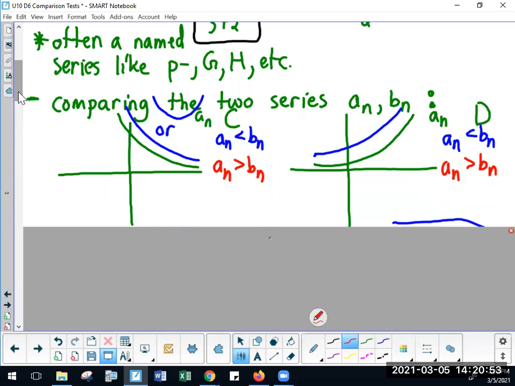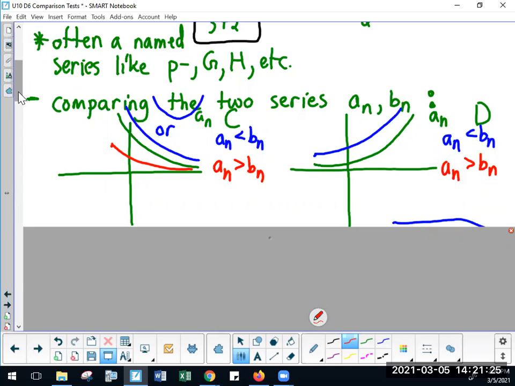A sub n is bigger than B sub n. So what does that mean? That means that if A sub n starts here, B sub n has to start somewhere less than that, right? Yes. Okay. And what has to happen? Well, if A sub n is going down, B sub n's got to do that too, doesn't it? It can't cross A sub n. That doesn't make sense, because if it crosses, they're equal, and they can't be equal because then they'd be the same series. And what are we doing here if we're comparing the same series to itself?